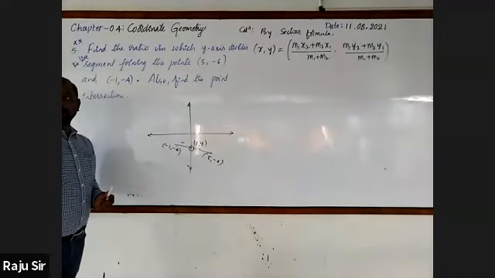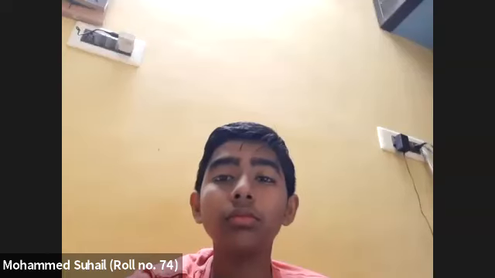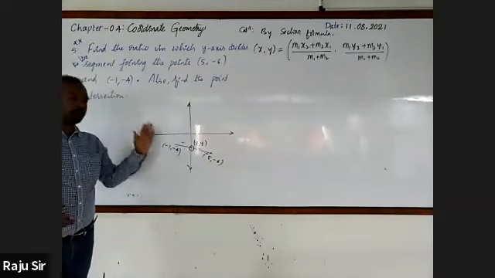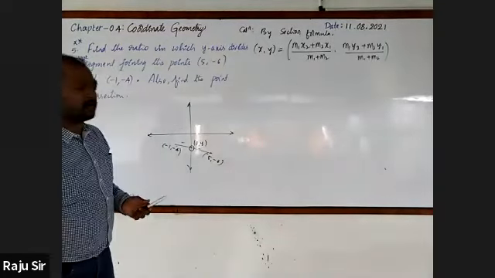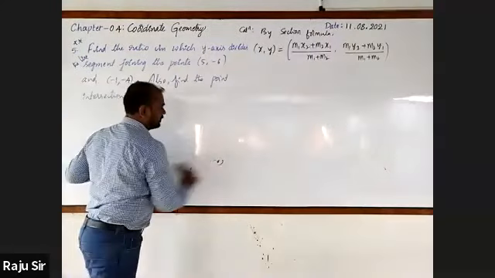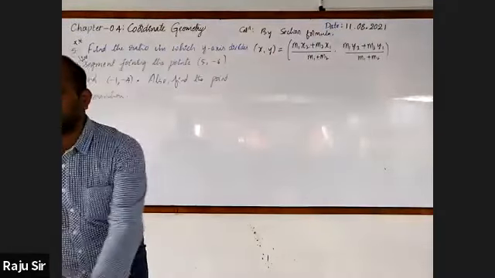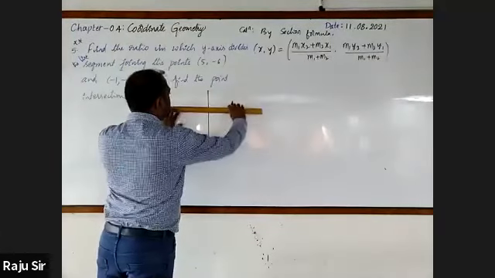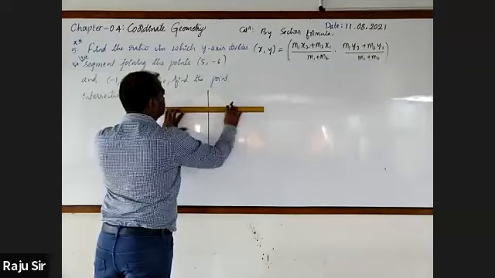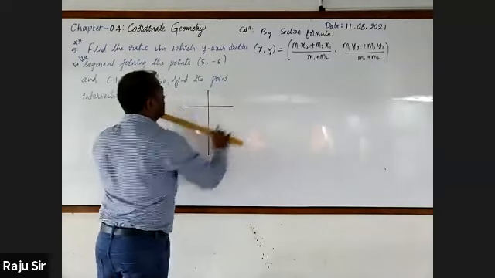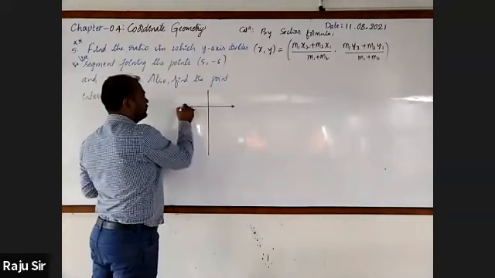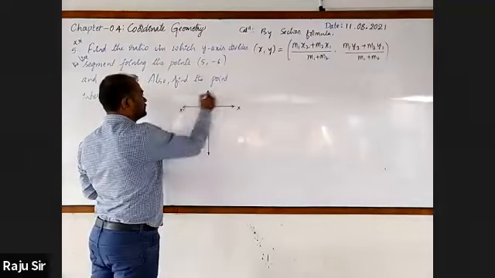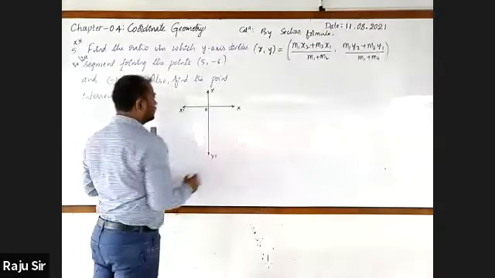Now let us go for solving. It is not compulsory to draw the figure like this only. It is only for the sake of understanding. If you want, you can also draw on the right side, only for your reference.